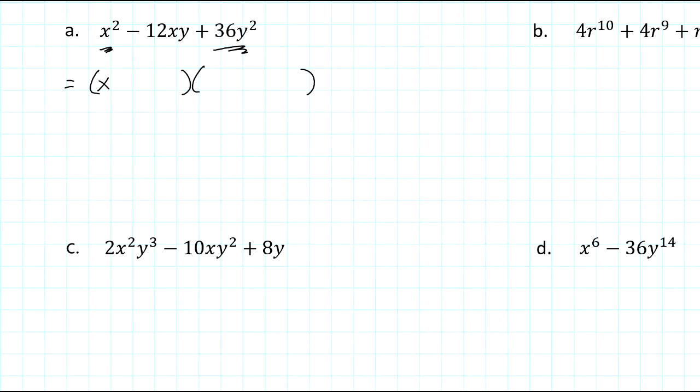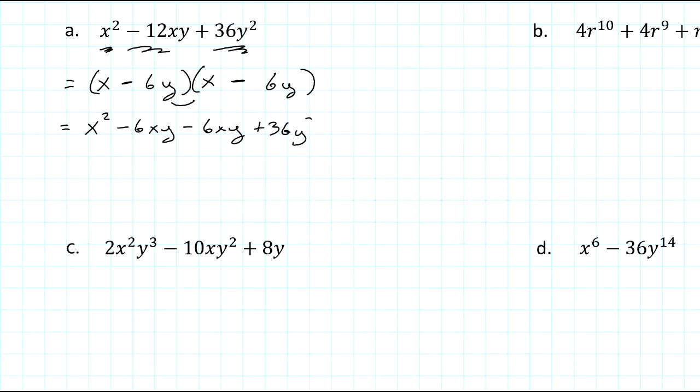If I put an x at the first positions, and then I have a 36y squared in the last term. So what if I try a 6y and a 6y? Then if I want the middle term to come out as a negative 12, if I put a minus and a minus in here, this will give us x squared minus 6xy minus 6xy again in the middle terms, and then a plus 36y squared.